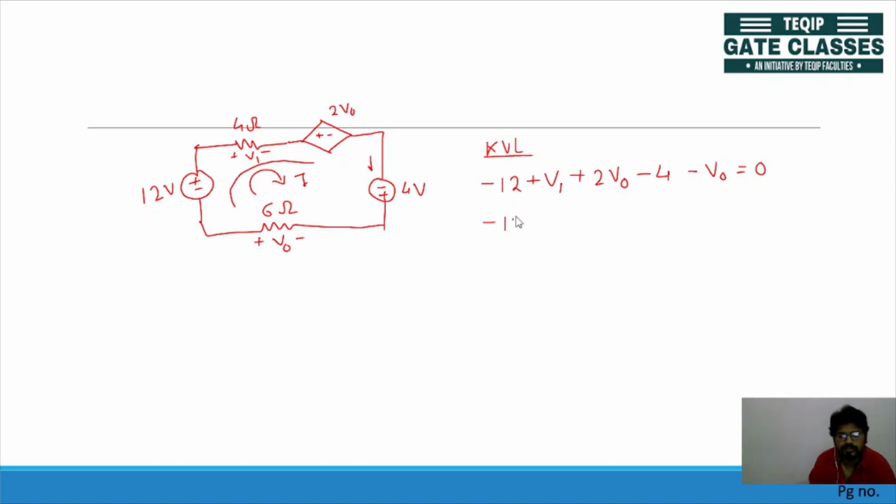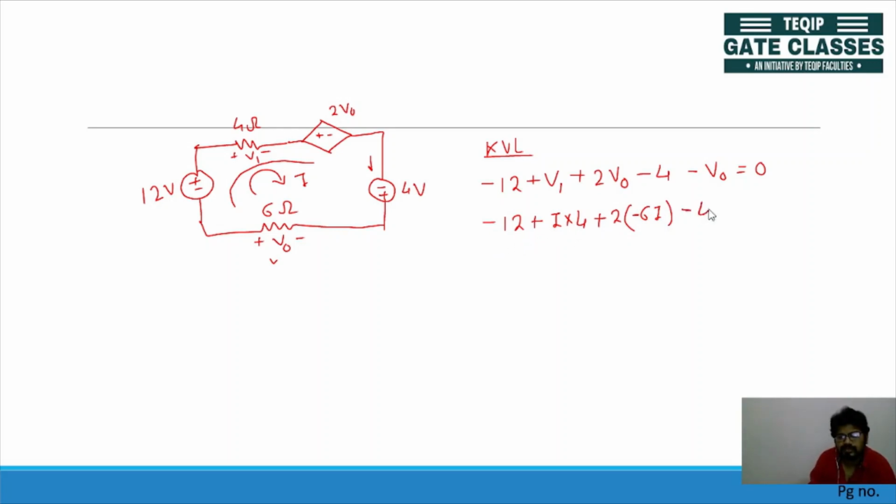So minus 12, V1 we can write, V1 is the voltage across 4 ohm, the current I is entering the 4 ohm at the positive terminal, so we can write it as I into 4 plus 2 V naught. V naught is what? V naught is this one. Here current I is entering the 6 ohm at the negative terminal, so we'll write it as minus 6I. Okay, because current is entering the negative terminal.